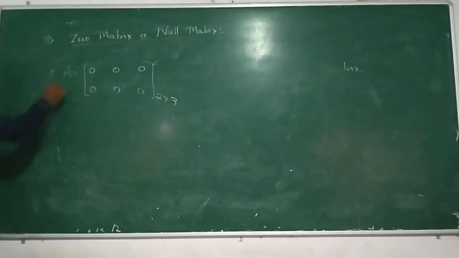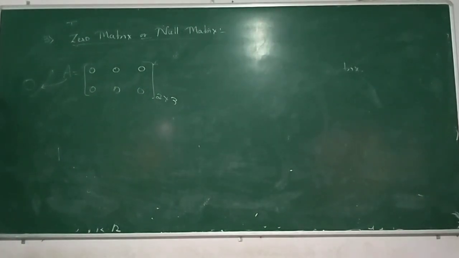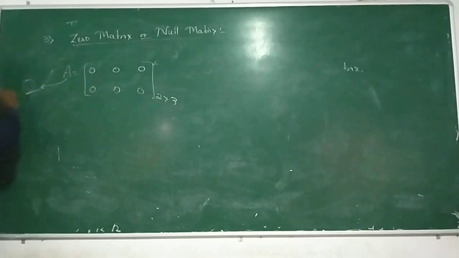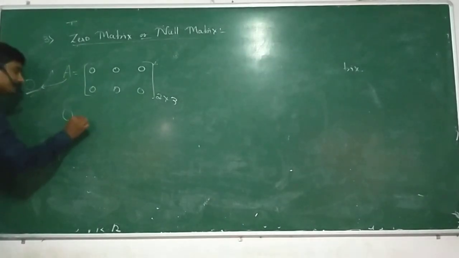And this zero matrix is denoted by the capital letter O. I had mentioned that matrices are generally denoted by capital letters, but for the zero matrix we have assigned a particular letter, that is O. If I write the zero matrix of order 2 by 3, we write it like this.